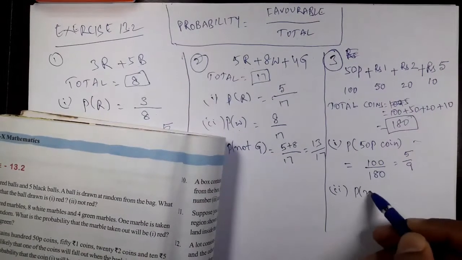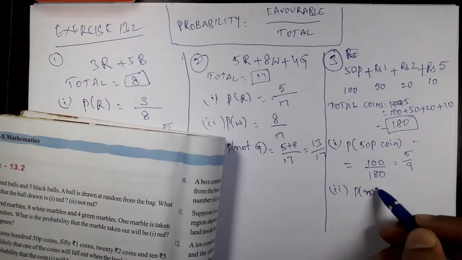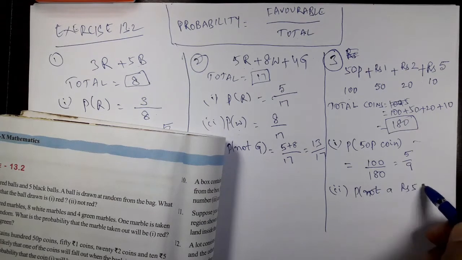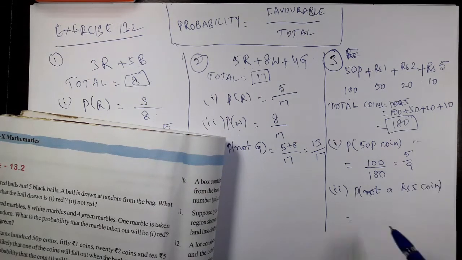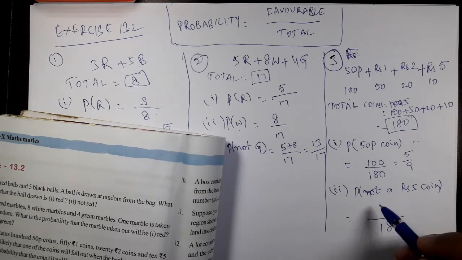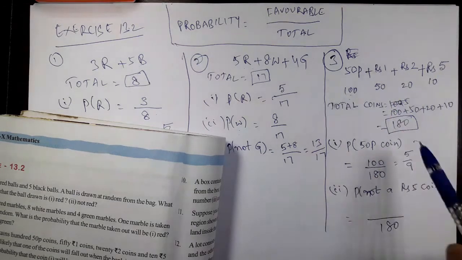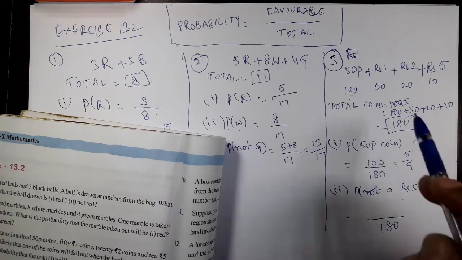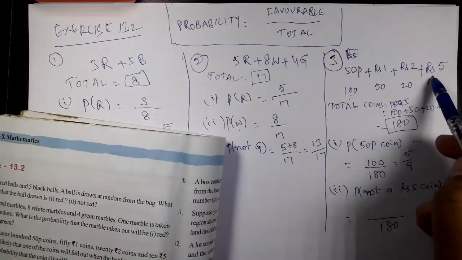Now coming to second part, probability that the coin which came out is not a 5 rupee coin. Denominator is total, 180. Coming to numerator, how many of these 180 are favorable to this event? The event is not a 5 rupee coin. How many 5 rupee coins are there? 10.